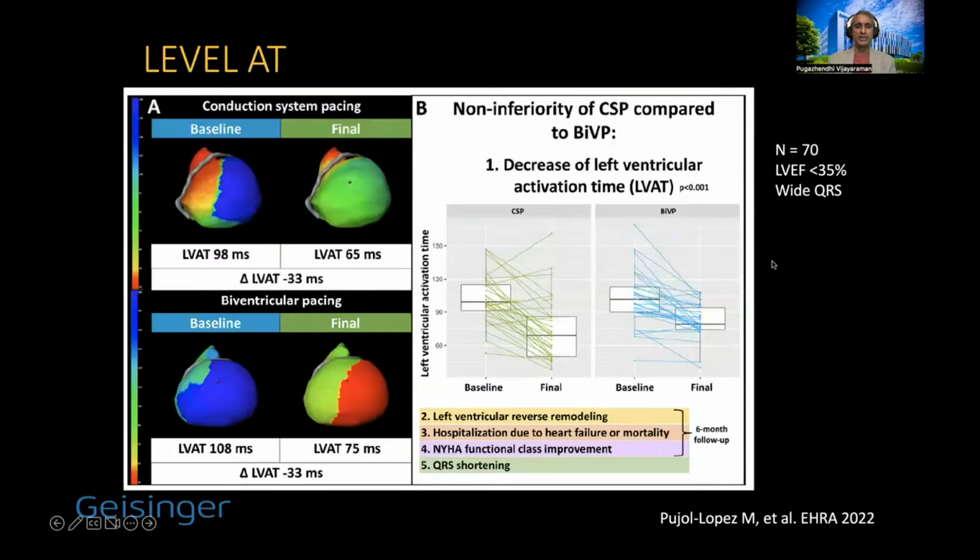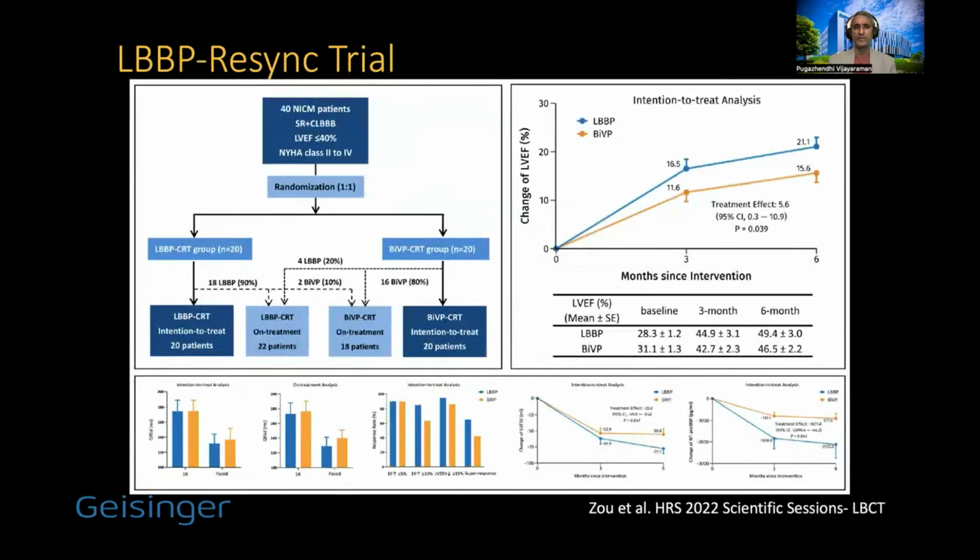And recently, the LEVEL-AT trial also showed equivalent, in some cases superior, decreases in left ventricular activation time with conduction system pacing compared to biventricular pacing. Similarly, reverse remodeling, hospitalization, and functional class improvement were also non-inferior with conduction system pacing compared to biventricular pacing.